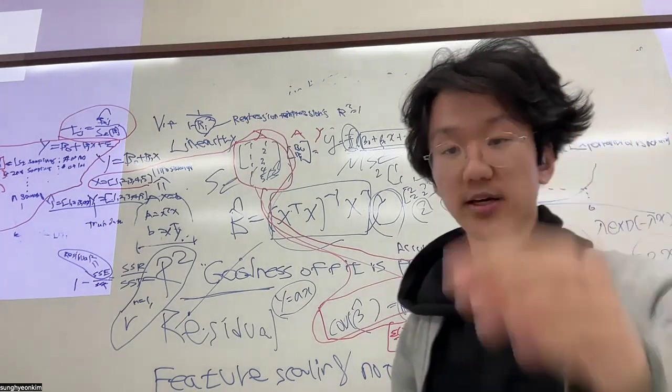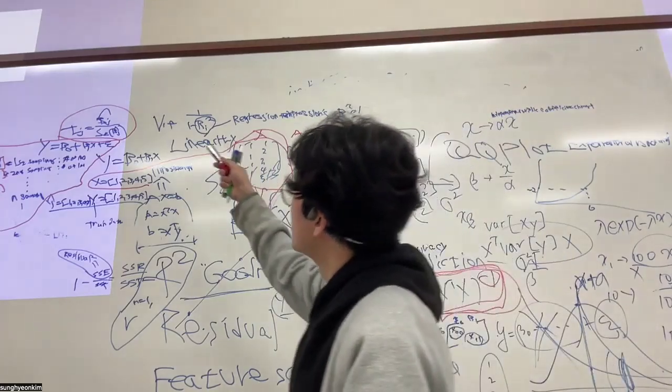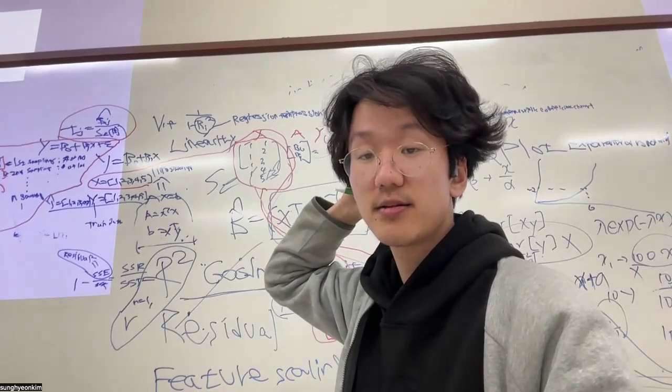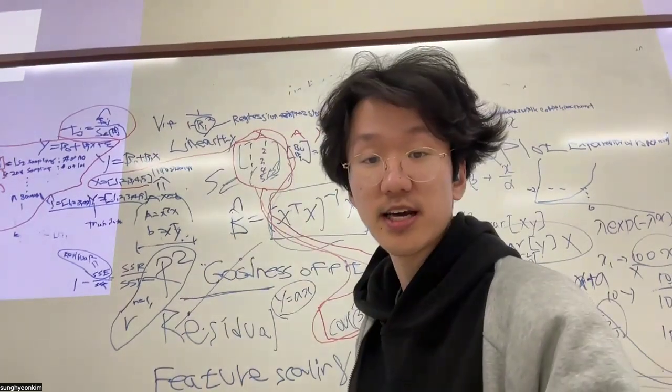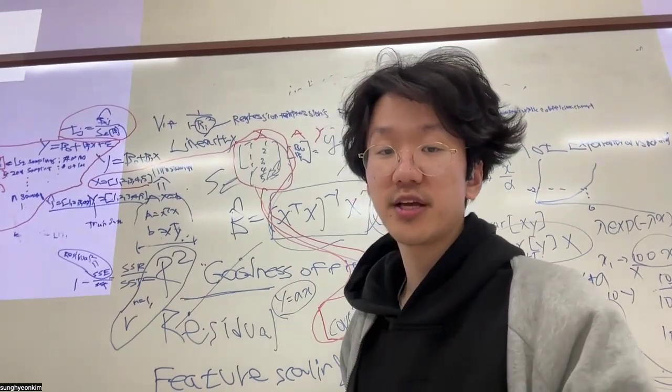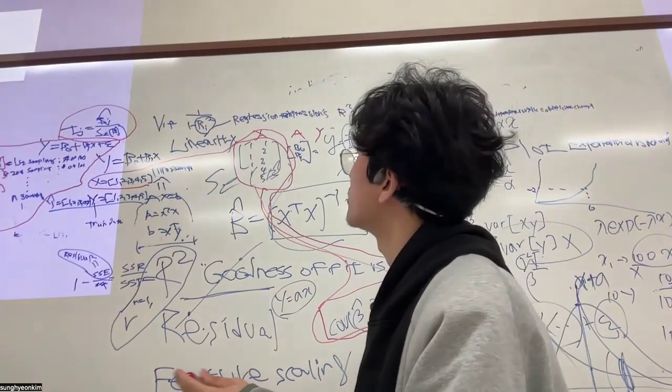So you can really calculate this: Tj equals beta j hat over SE of beta j hat, and we call this the test corresponding to the regression coefficient.